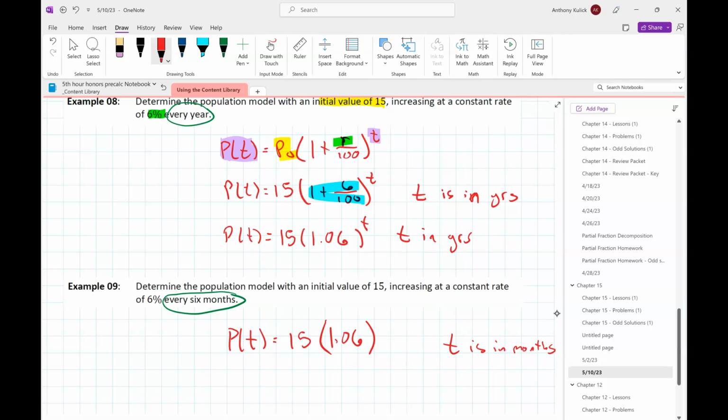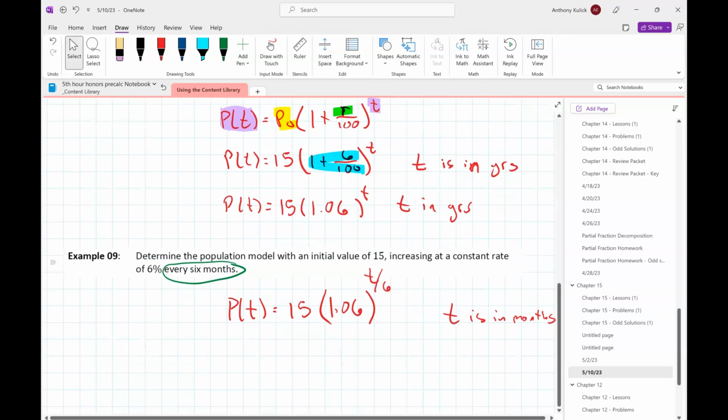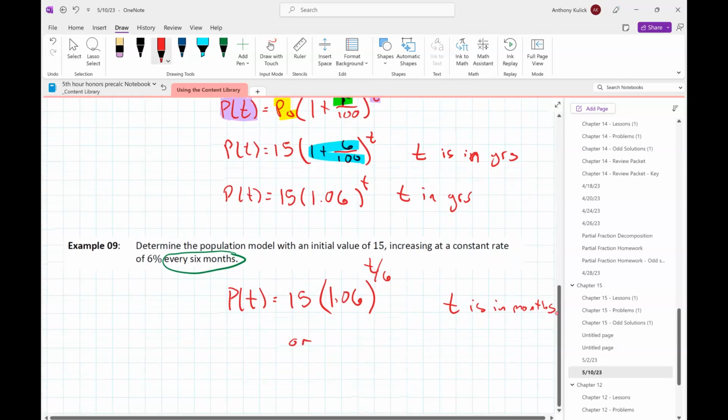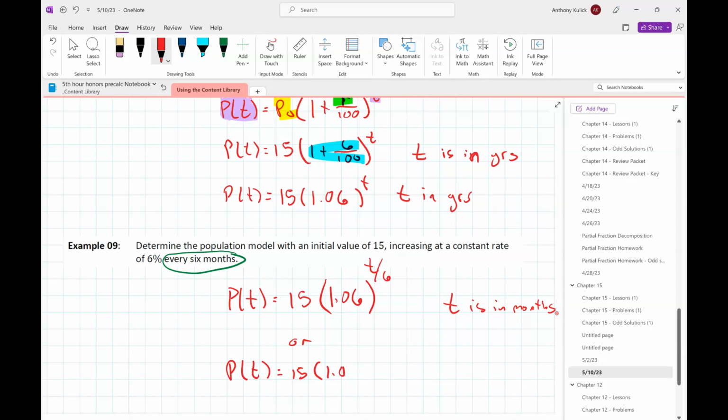So instead of writing t, I'm going to write 1/6 t, or really I'll just write it as t over 6. The other obvious choice for a unit for time would be years. How many compounding periods are accomplished in 1 year? 2. So instead of writing t, we're going to write 2t.